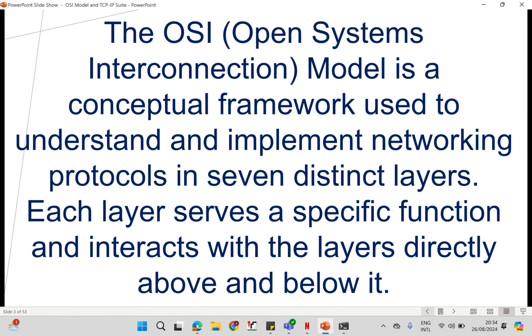So the OSI, which means Open System Interconnection model, is a conceptual framework used to understand and implement networking protocol in 7 distinctive layers. Now, what are we saying? I want you to understand that you are not to cram anything here.